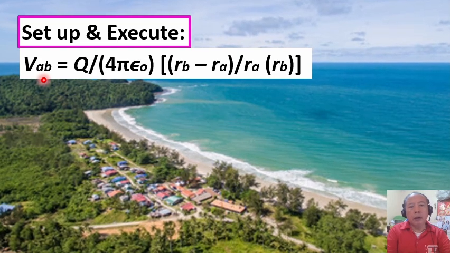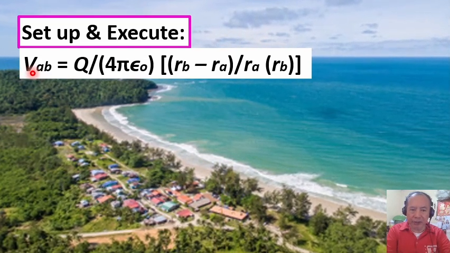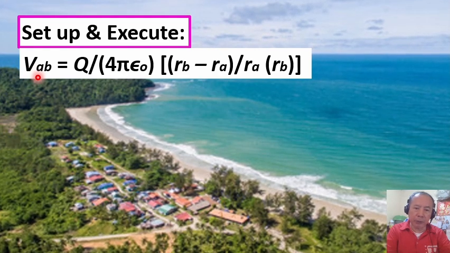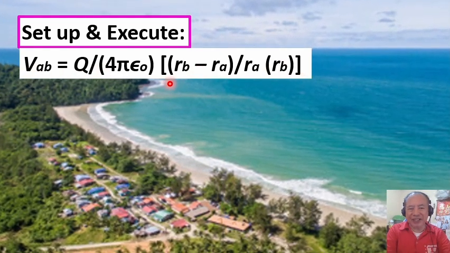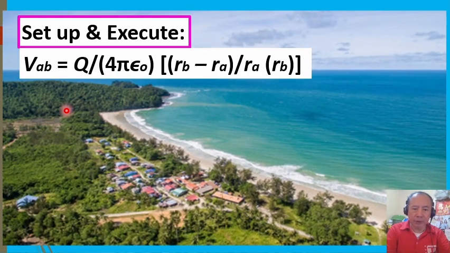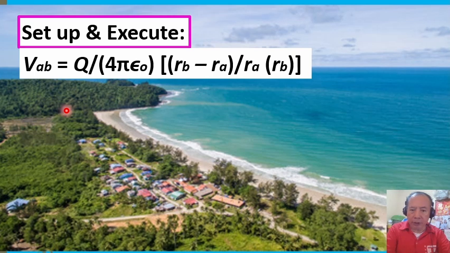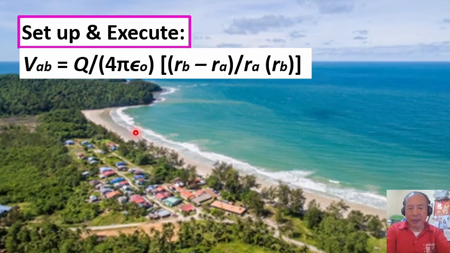From this equation for the potential difference, capital V sub AB, we can also express the capacitance in terms of the two radii.